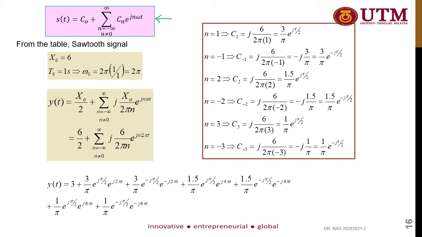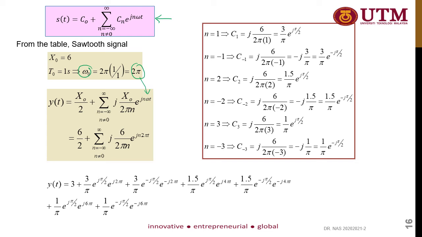So as shown in the earlier slide, this is your omega naught equal to 2 pi. So you can replace all the x naught and Cn equation and also your omega values. Okay, in this case, your C naught is 6 divided by 2. This is your Cn equation.